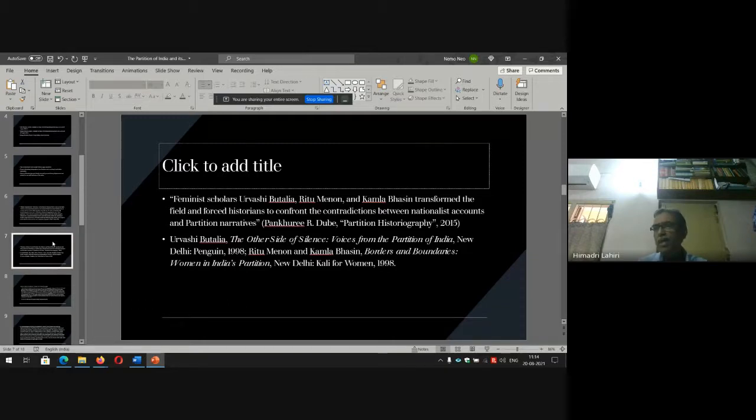So different pockets of population, pockets of people are being explored for new materials and new kinds of representation.